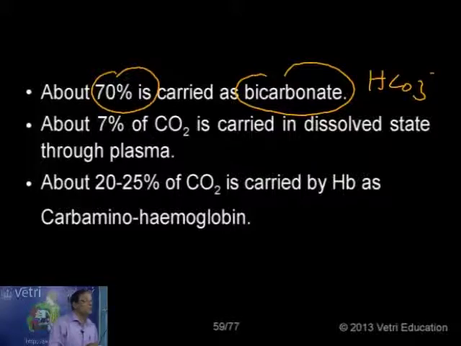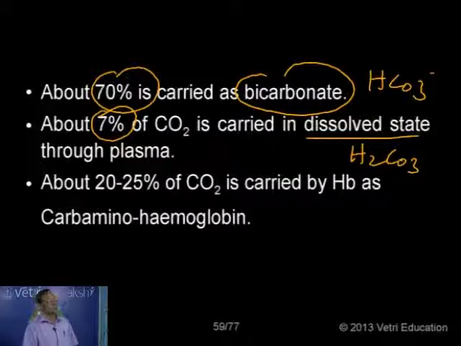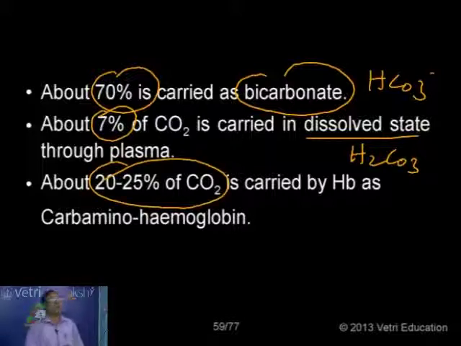And nearly 7% of carbon dioxide is carried in dissolved state as carbonic acid, which is formed by dissolving carbon dioxide in water. So 7% is the least percentage. And nearly 20 to 25% of carbon dioxide is carried by hemoglobin as carbaminohemoglobin.